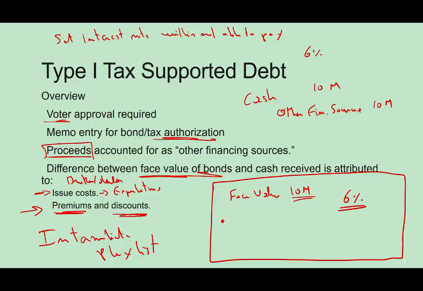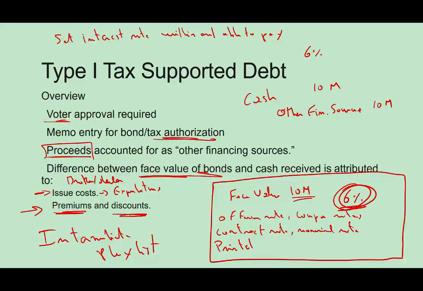We call this 6% the offering rate, the coupon rate, the contract rate, or the nominal rate. I usually call it printed rate to remind you that it's printed and it's fixed. It doesn't change. So here I'm going to call it coupon rate.